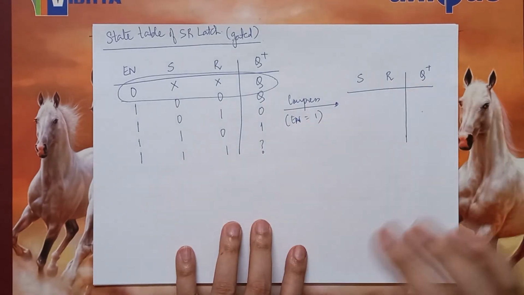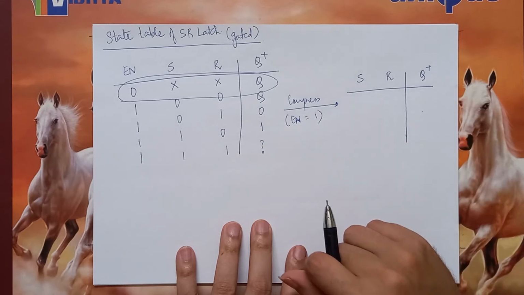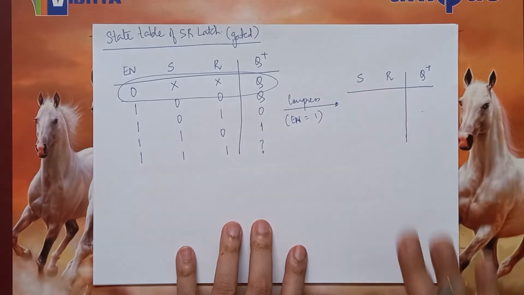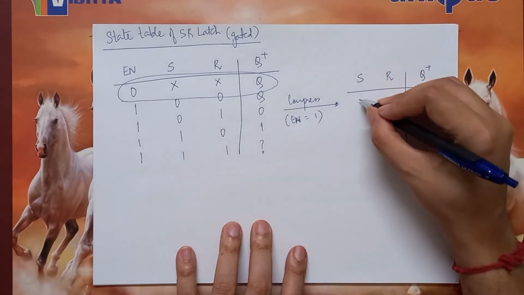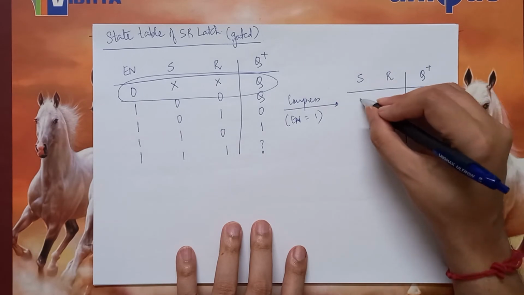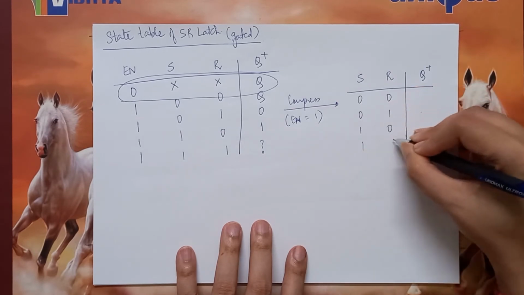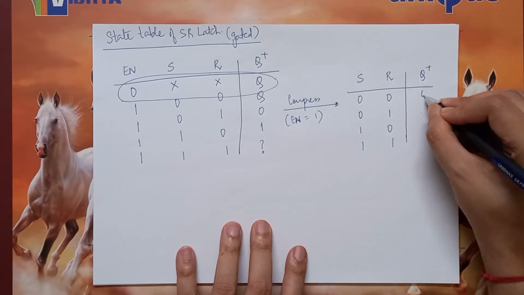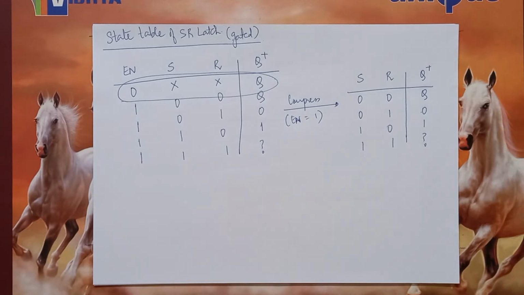For the state table, of course it is a separate input, we cannot forget that, but for the state table purposes we will not consider this because En is always 1. So for these 4 conditions, we can write that Q plus is equal to Q, 0, 1 and forbidden.